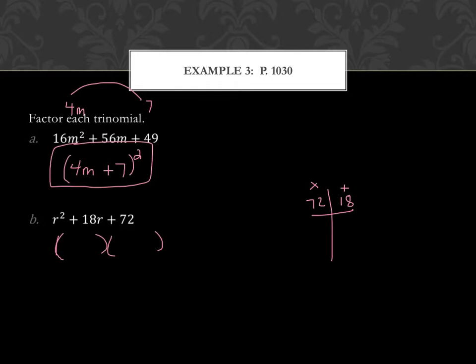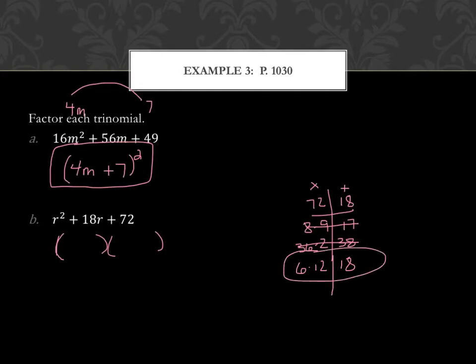So 8 times 9 is 17. 36 times 2 is 38. 6 times 12 is 18. So this is going to be r plus 6 times r plus 12.